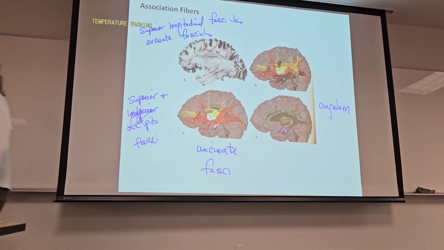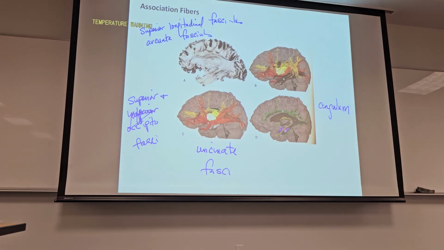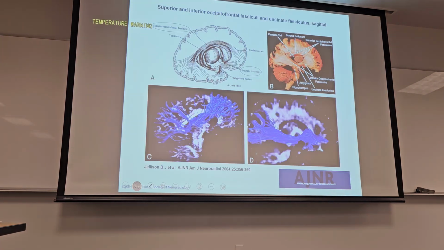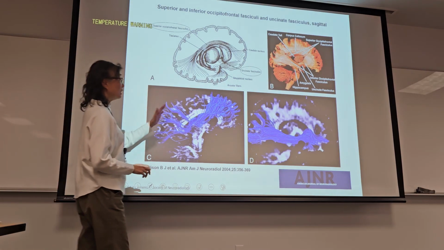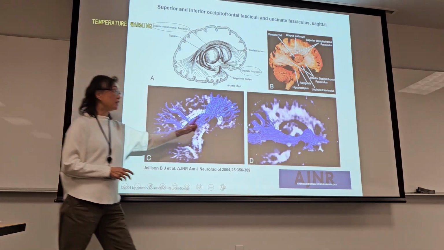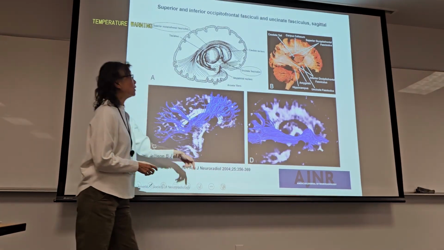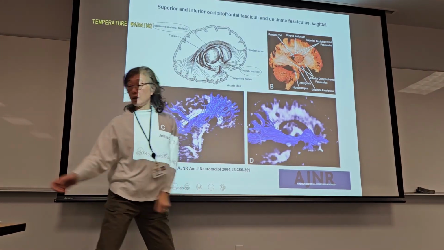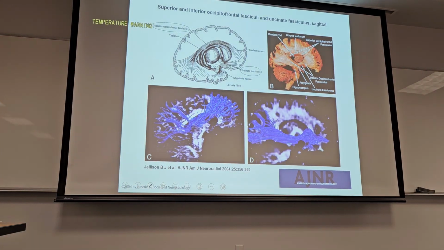So let me show you the next picture. So here, this is just the superior and inferior occipital frontal. So this is them separated. Here's the superior occipital frontal, and this is the inferior occipital frontal. When put together, you can see them in this dissection.